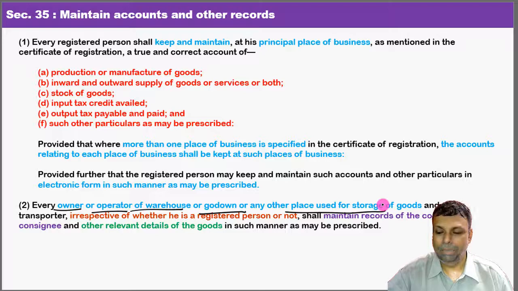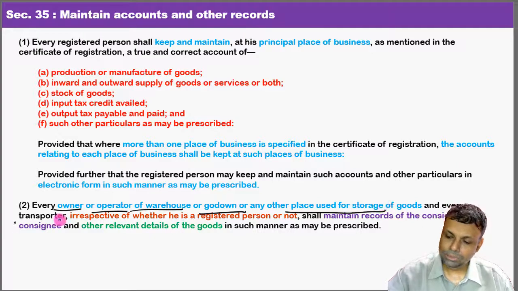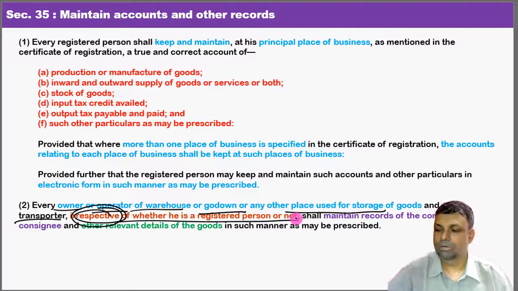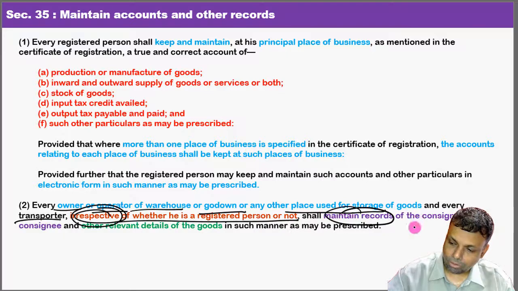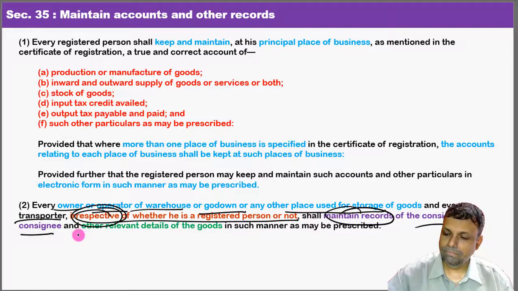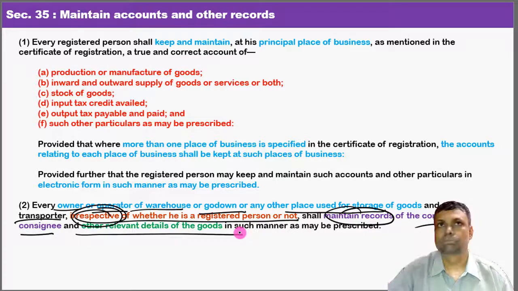Every person who is the owner or operator of a warehouse or a godown, or every transporter also, irrespective of whether he is a registered person or not a registered person, I repeat, irrespective of whether you are a registered person or not, shall maintain the records of the consignor, consignee and the other relevant details as may be prescribed.